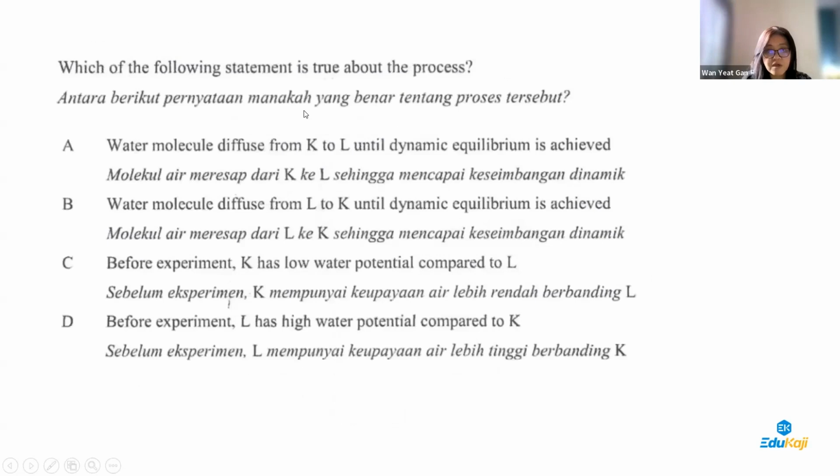So which of the following is true about the process? Now, the molecule of water diffuse from K to L until dynamic equilibrium is achieved. That's the correct answer. Water does not diffuse from L to K because L has higher concentration than K.